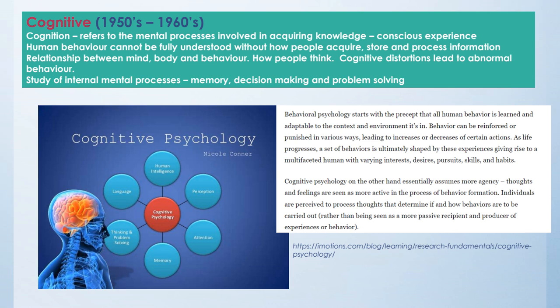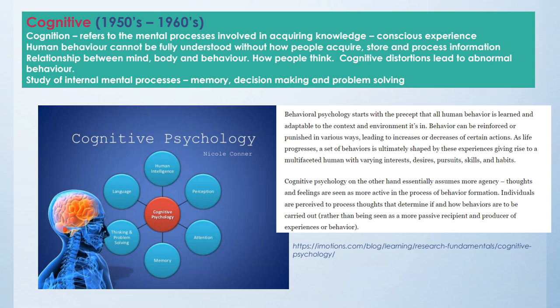Any disruption in those mental processes can lead to abnormal behavior. So they study internal mental processes, things like memory, decision-making, and problem solving, those mental processes we spoke about in the beginning. That's what cognitive psychologists look at.